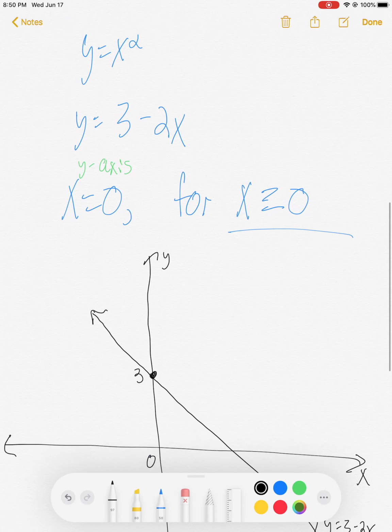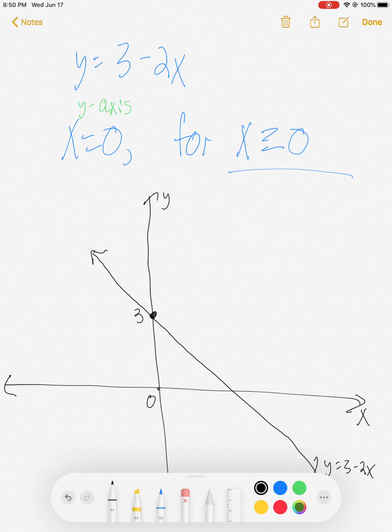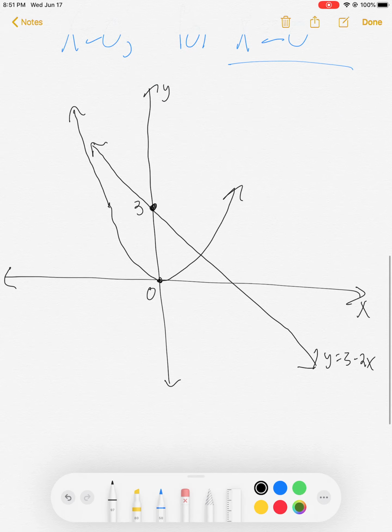And finally, we have the curve y equals x squared. This is a good old-fashioned parabola, so it goes like this. If I continue this parabola upward, you'll see that this does in fact bound 2 different regions.